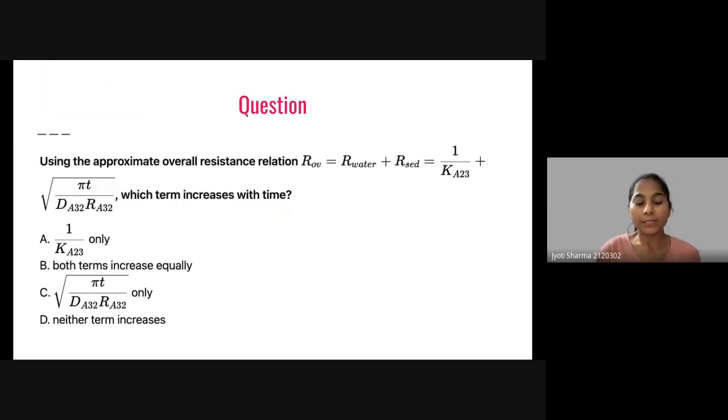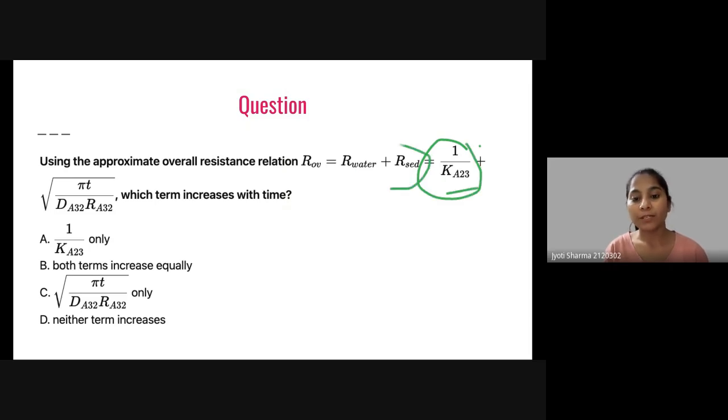Okay. The next term is, if you are calculating the overall resistance, that is ROV, the resistance will be the resistance from the water side and resistance from the sediment side. And if it is from the water side, then this is simply 1 by capital K A23.